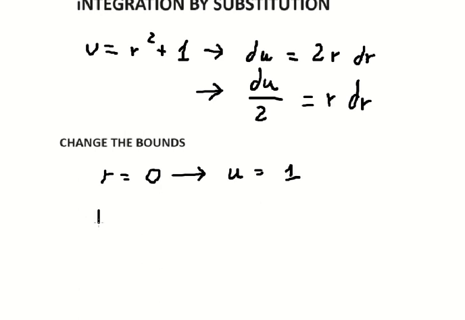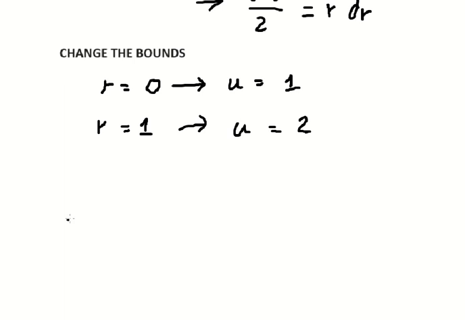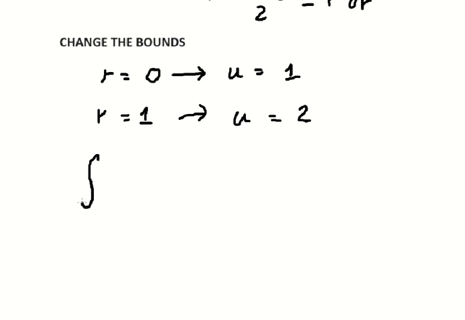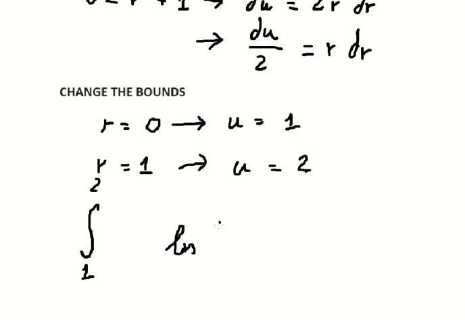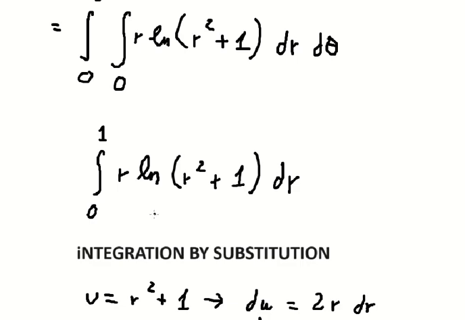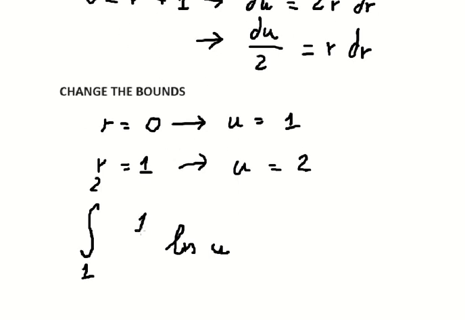When r equals number 1, we put number 1 in here. So u equals number 2. And now we have the new integral in here. So in this one we change for u. r dr we transform into 1 over 2 du.